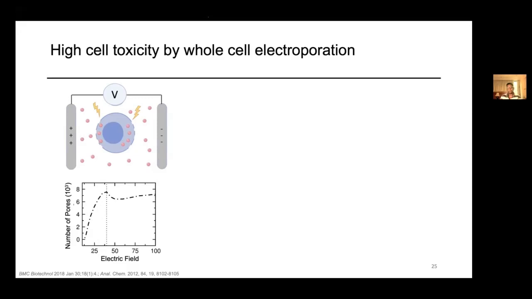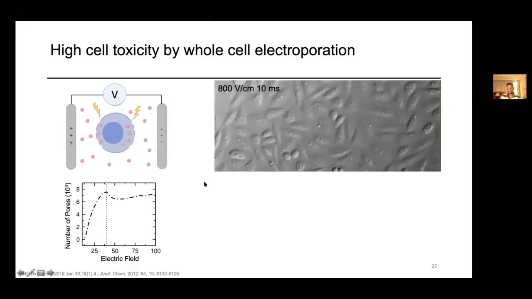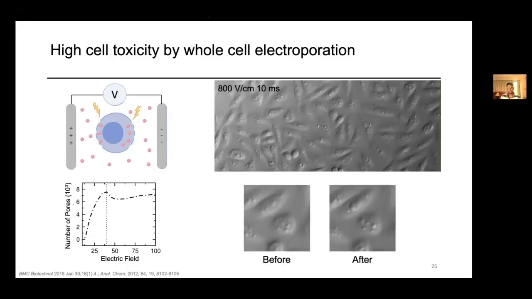To give you a better idea, I found another video that records the cell morphology change during electroporation. Notice that the cell morphology changed greatly when it experienced a pulse of electric field, and even if the cell recovered after electroporation, its morphology is not the same as its original state.